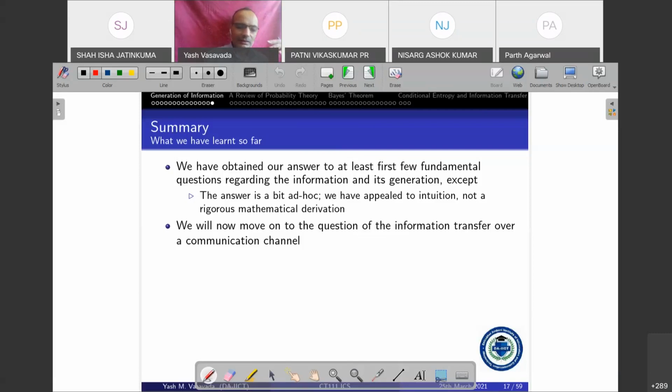But in order for us to answer that question, which is really the tougher of the two, I think it is better that we do a quick review of probability theory, which is going to be quite similar to what you have studied in high school, but it will have some hopefully new elements that you may not be fully familiar with, or for those of you who are on top of it, it will be a good revision.